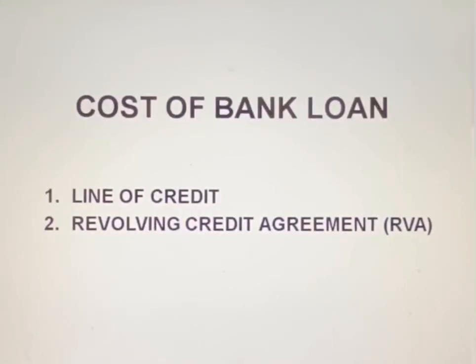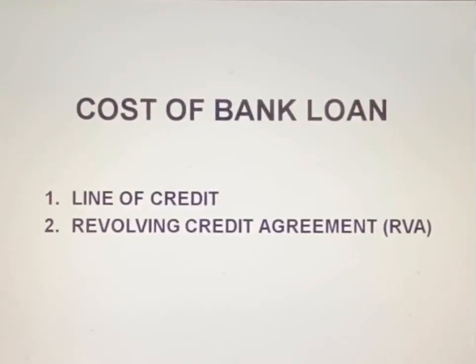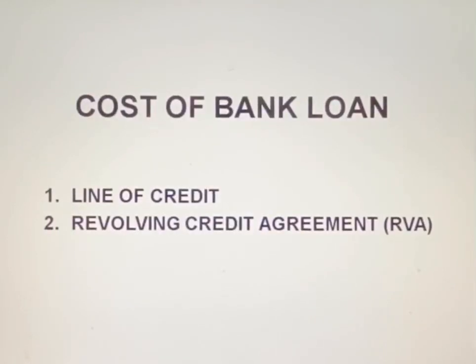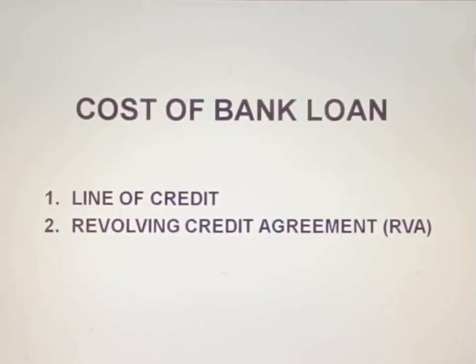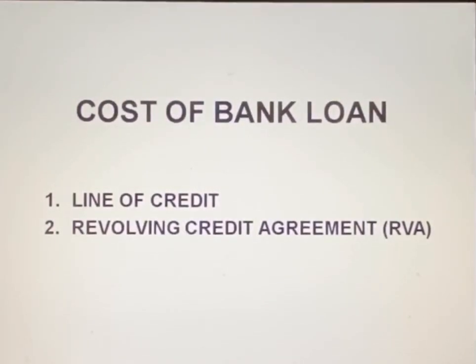So the topic in this video is the cost of bank loan, which is under chapter 2C of the management of current liabilities. In this video I will demonstrate the first two costs of bank loans, that is the line of credit and revolving credit agreement.